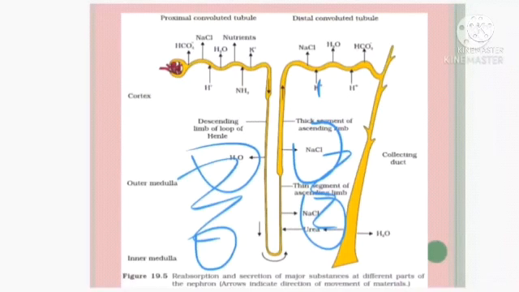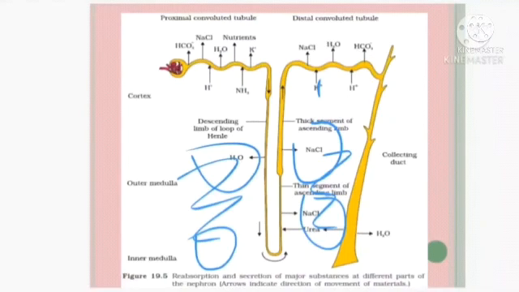So if good things are going out, the other ions which are not that important to our body supplement them, so that concentration is maintained inside the collecting duct, inside the tubules, as well as outside. We will discuss this in detail when we discuss the mechanism of urine formation.